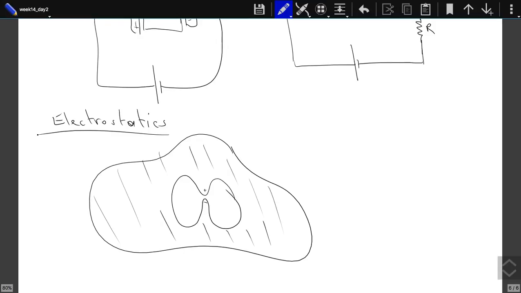We can use all of them. Let's assume that it is possible. Then there will be some electric field lines in the cavity, right? So let's say one of those electric field lines will be this one.